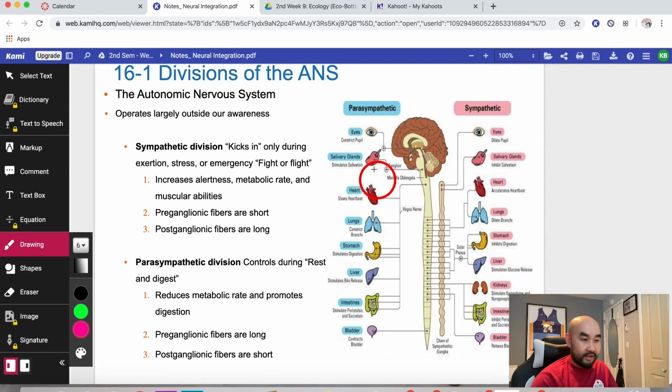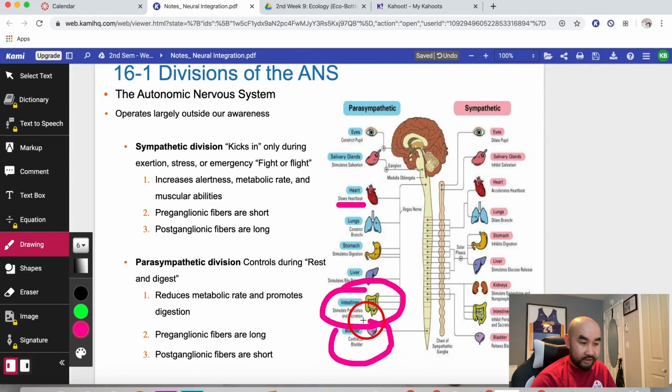Okay, and then you have the parasympathetic system, which is rest or digest, right? And rest or digest is the opposite. Your heart slows down because you don't want energy to go to your heart. You want to focus on digestion, which is intestine. Your bladder contracts, right?